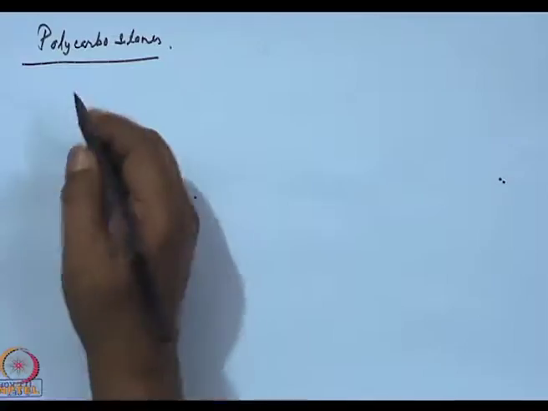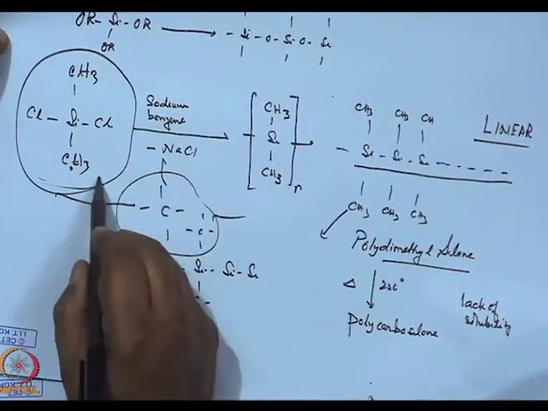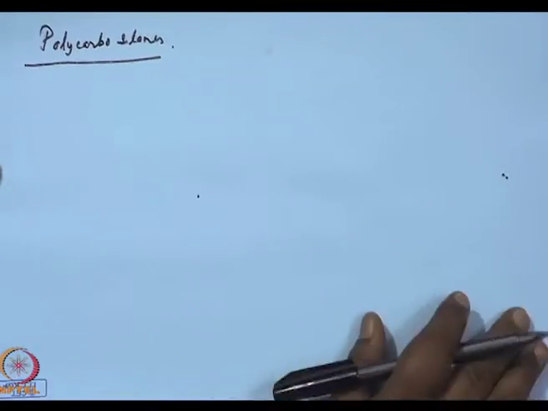For example, I will come back to the original thing. Remember, I had started off with this and landed up with a linear polymer. Let us modify this process a bit.